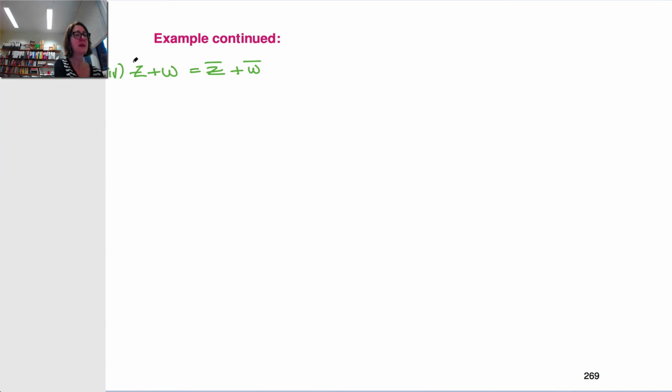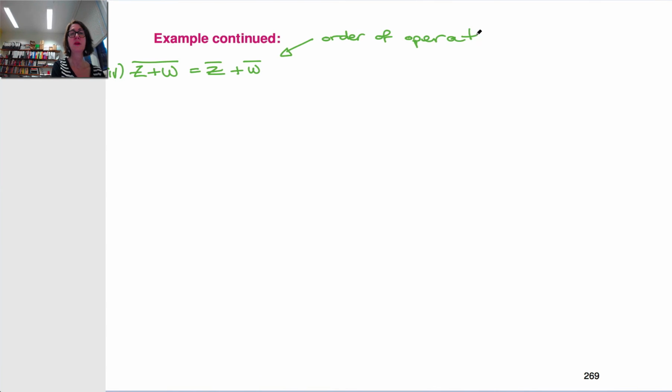So in this next example, this is the one from the previous page, I've just transferred it over here, we're trying to show that these two expressions are equal. And basically this says that when you're taking the sum of two complex numbers, z plus w, and then taking the conjugate, it's the same as if you'd taken the conjugate of each one separately and then added them after. So this is basically saying something about the order of operations.